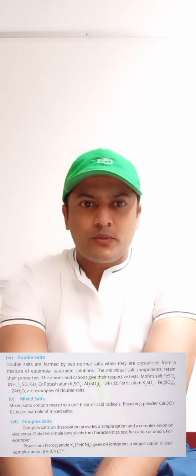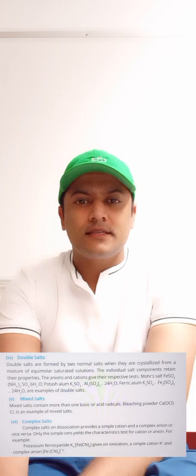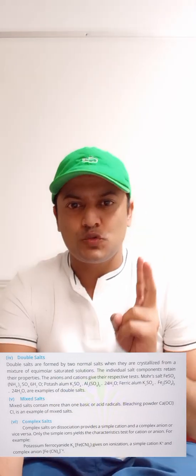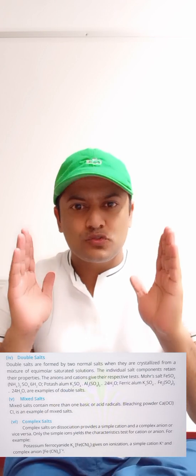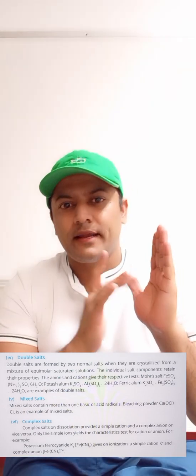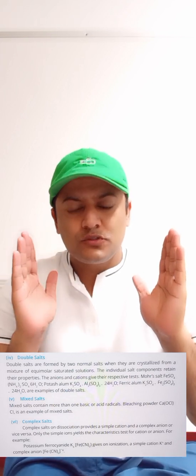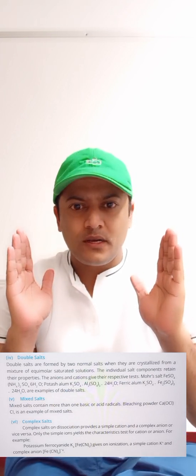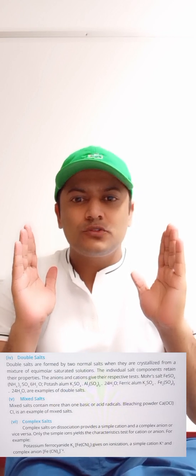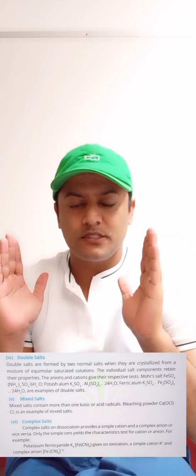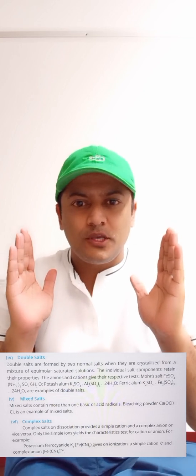So let's talk about the fourth type of salts, which is double salts. As the name indicates, double means two. So for instance, if we have two salts, like this is salt A and this is salt B, the first condition is that both should be normal or neutral salts. Second condition, both should be saturated solutions, and the third condition is both should be equimolar.